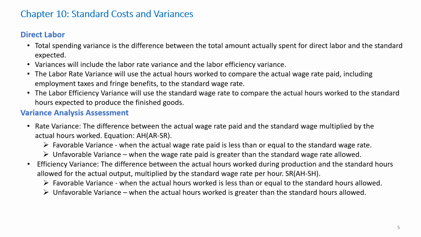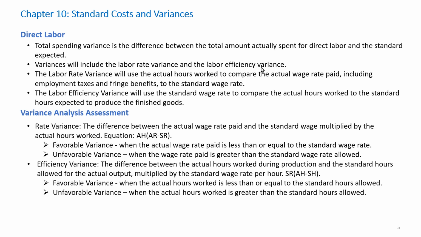Let's turn our attention to direct labor. For direct labor, the total spending variance is the difference between the total amount actually spent for direct labor and the standard expected. Variances will either be the labor rate variance or the labor efficiency variance.